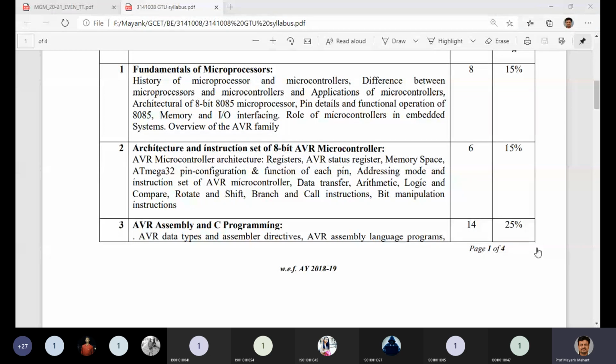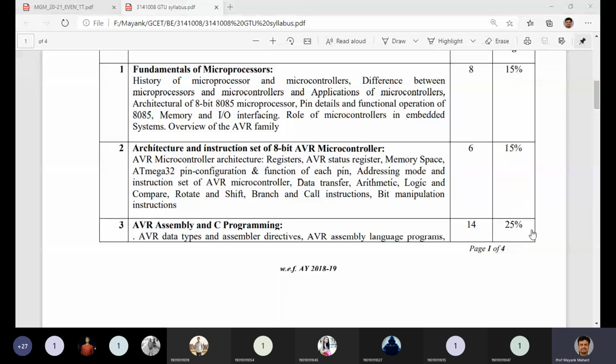Can you tell me what you mean by a register? Okay, anyone else who knows what a register is? It stores the data. Who said that? 19 number. Yes, a register is a place where you can store data.